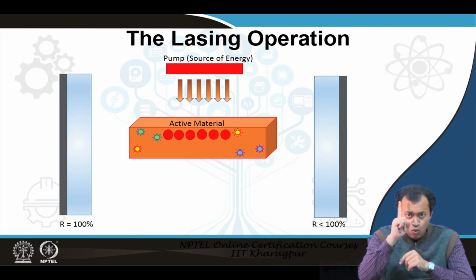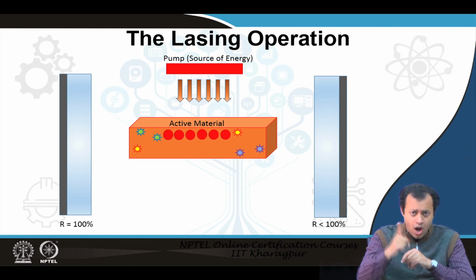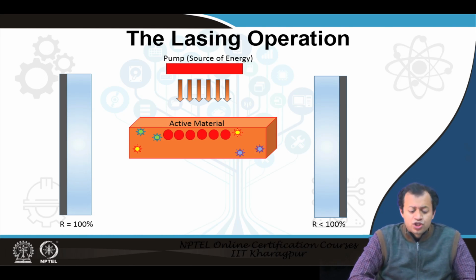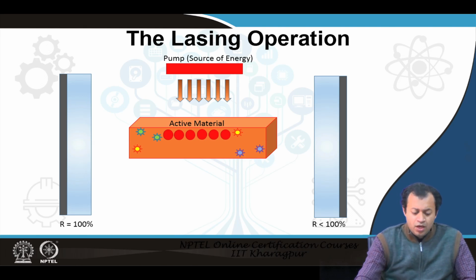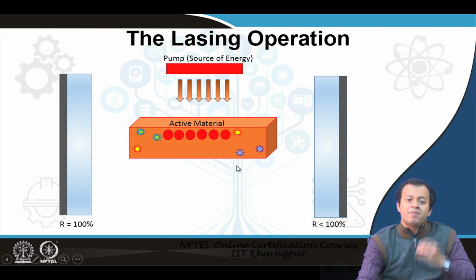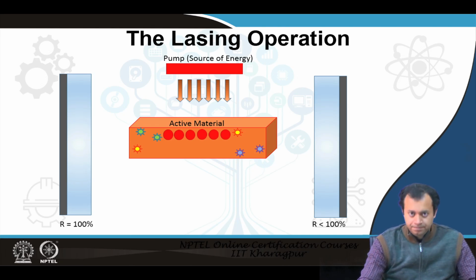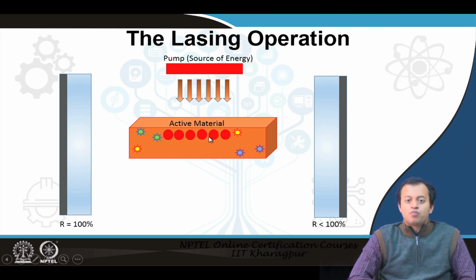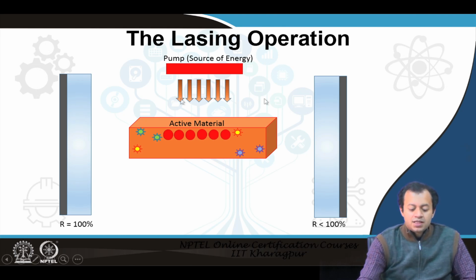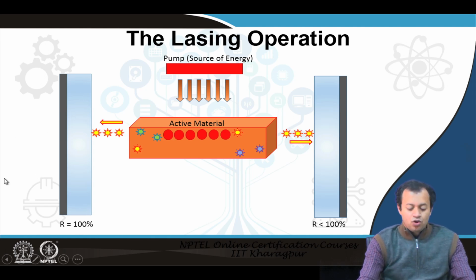They will allow only one frequency, only one energy of photon to survive inside the entire cavity. Of the different randomly generated photons, only one is picked up, and the rest are attenuated, killed off by this Fabry-Perot cavity, this optical resonator. These photons are allowed to survive in the system.